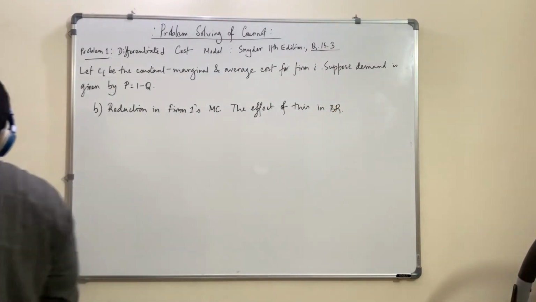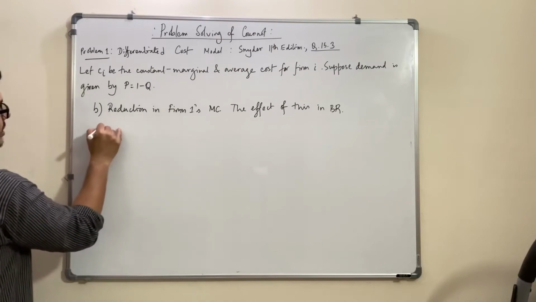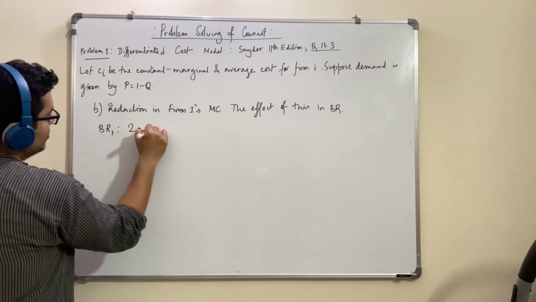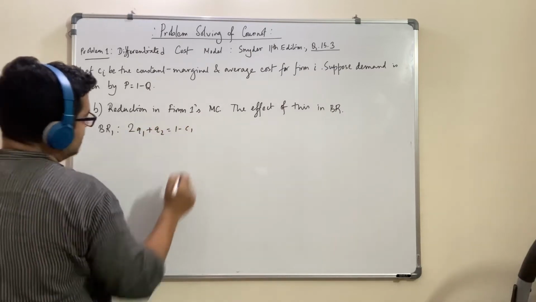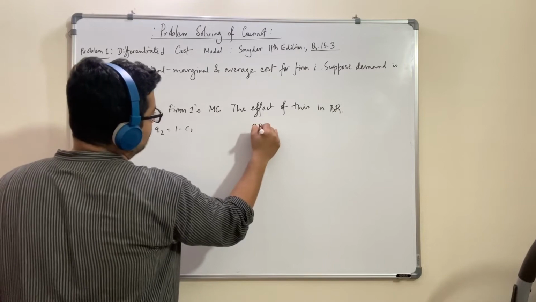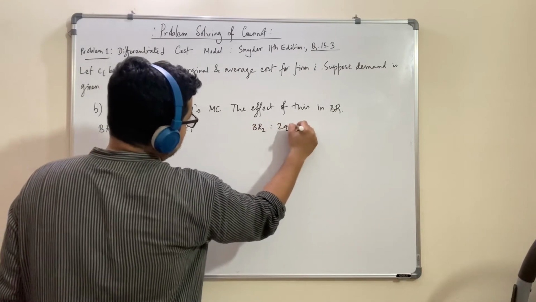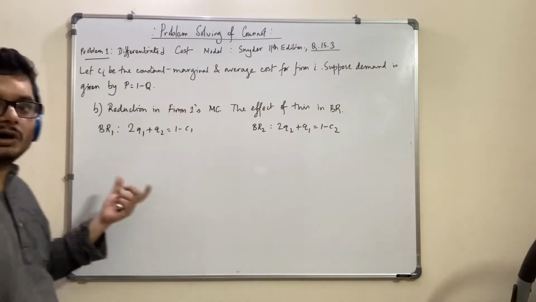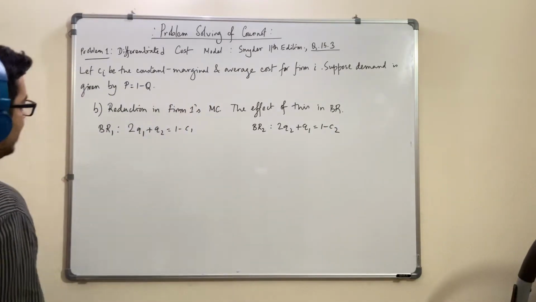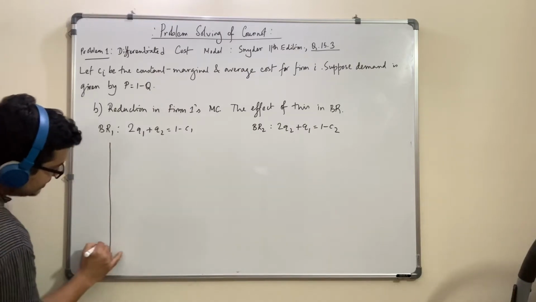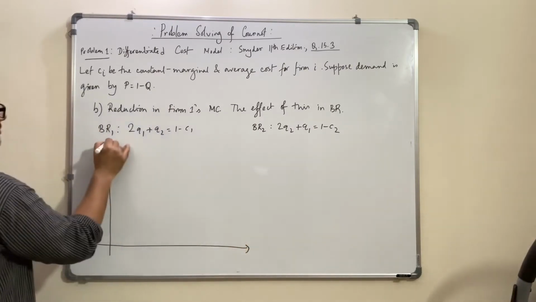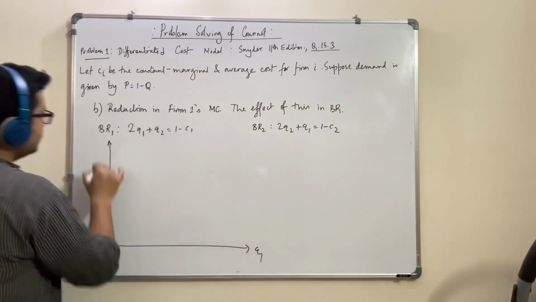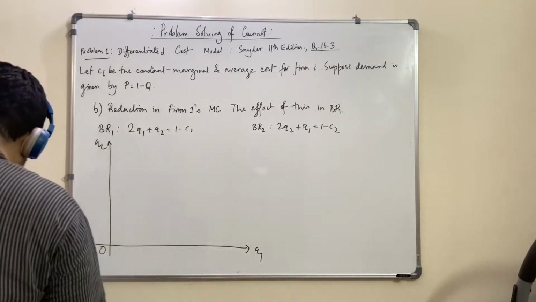Okay, so our first task, given this is the best response function of firm 1, so 2q1 plus 2q2 is 1 minus c1, and for firm 2 it is 2q2 plus q1 equal to 1 minus c2. Our first task is to draw the diagram, right? And obviously if you are familiar with the first class that I have taken of Cournot model, then you know this diagram, right? So q1, q2, two straight lines.